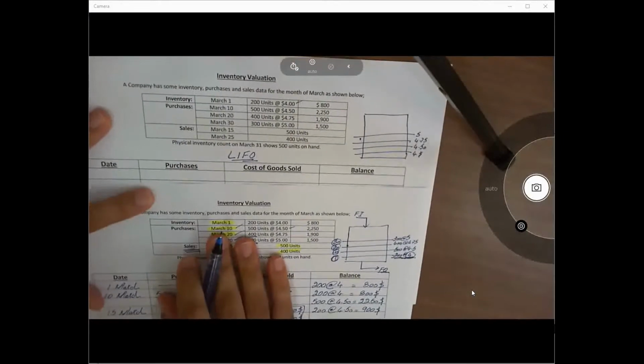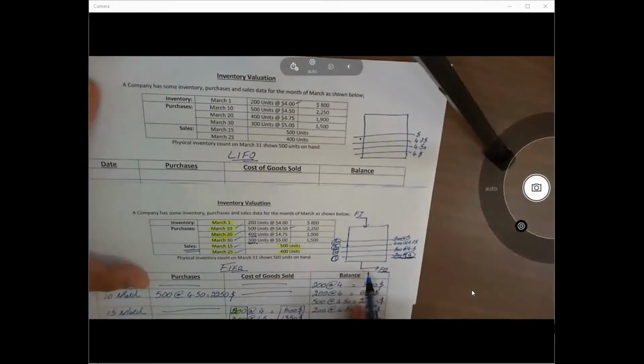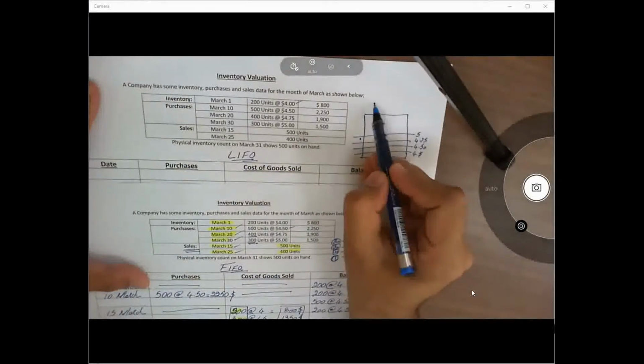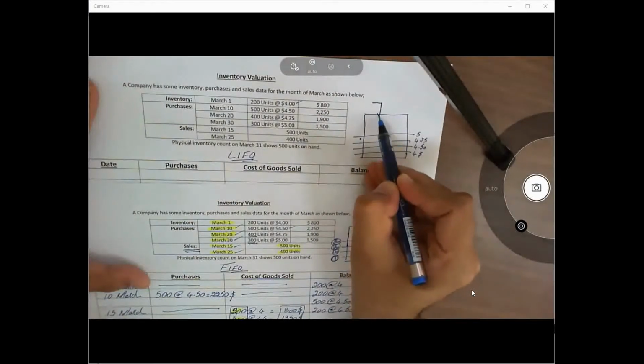In this last in, first out, basically the difference is, can you see these arrows? The arrows now will become something like this: last in, first out. This means that when we sell the inventory in the LIFO method, we are going to sell those inventories which were purchased just now.